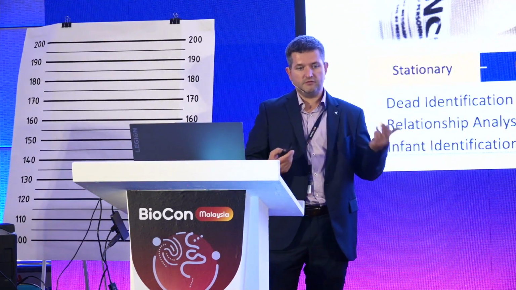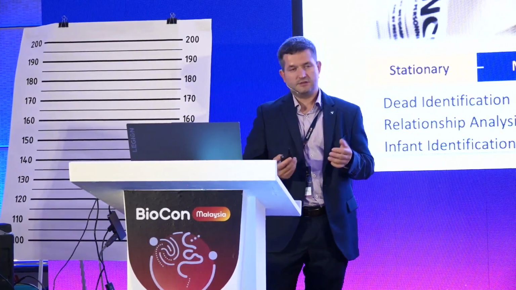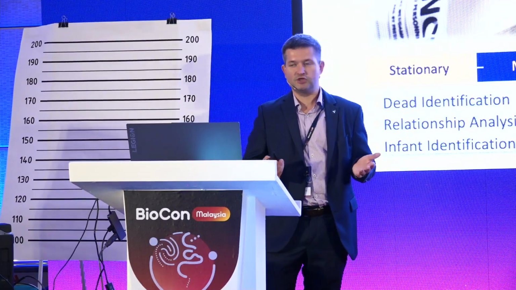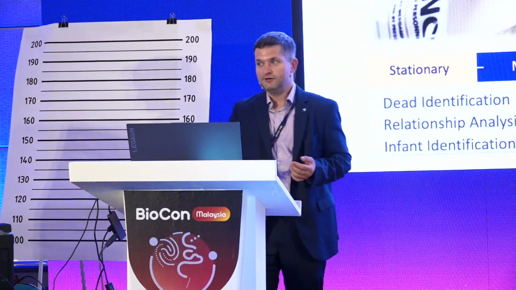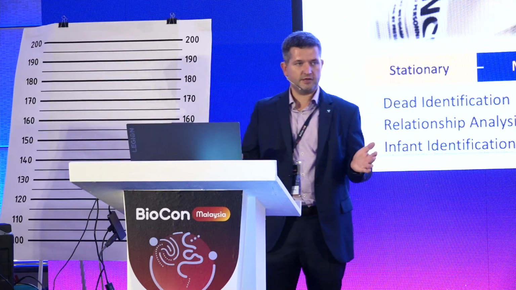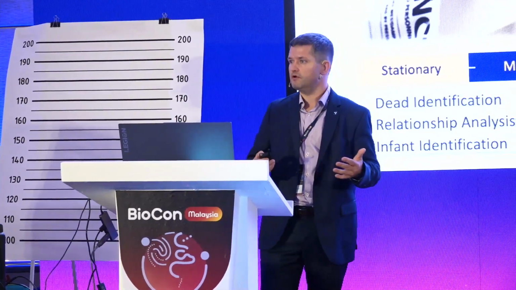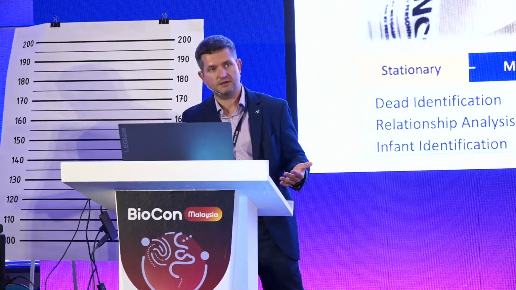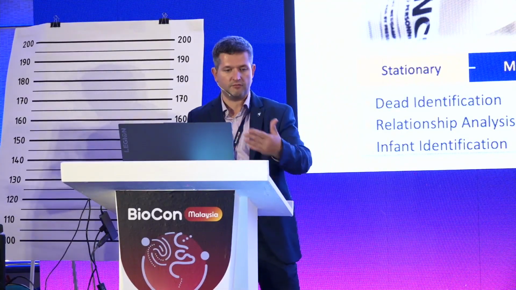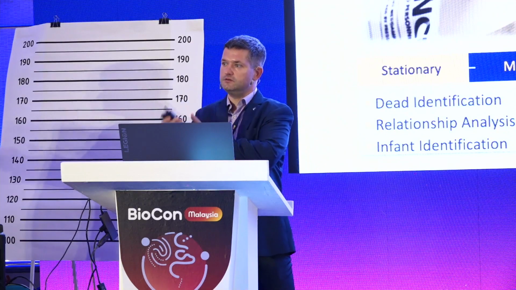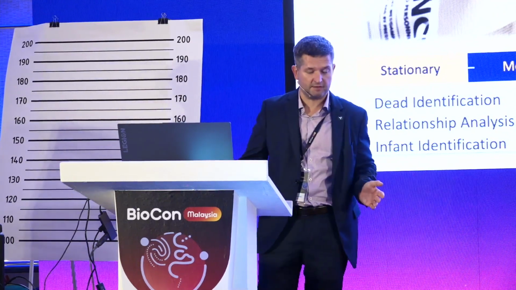Then you can do relationship analysis. The most common is if you want to check if you are the father or not. Then you can use it for law enforcement, crime scene investigation. Very often you have body fluids on the crime scene, so you can extract the DNA from body fluids and use it to convict the suspect.